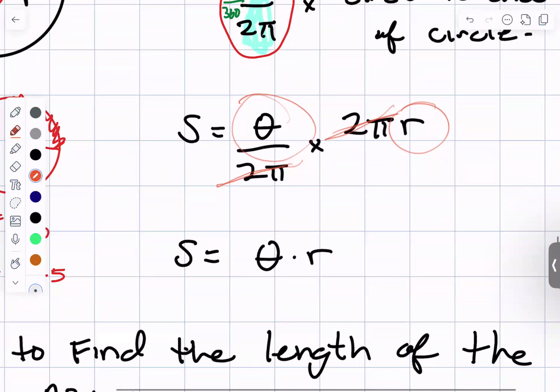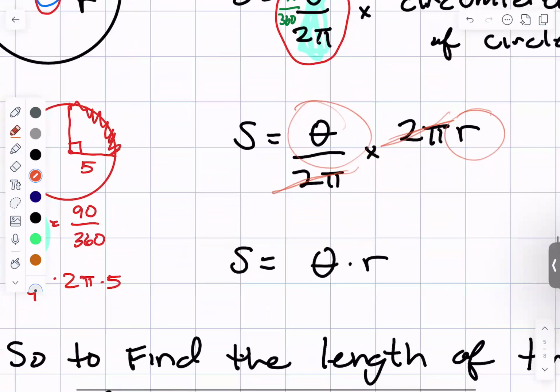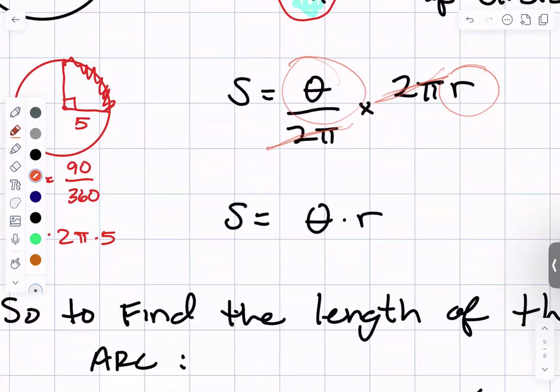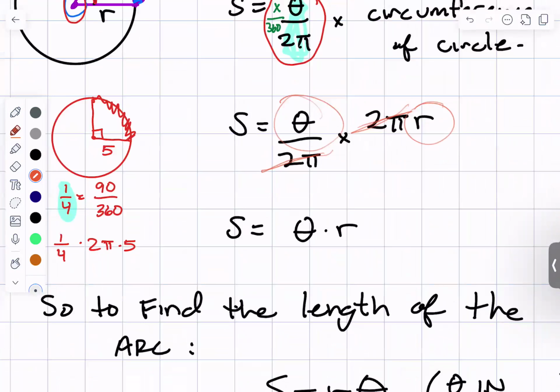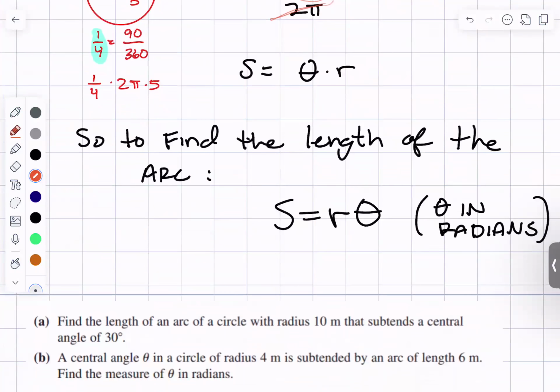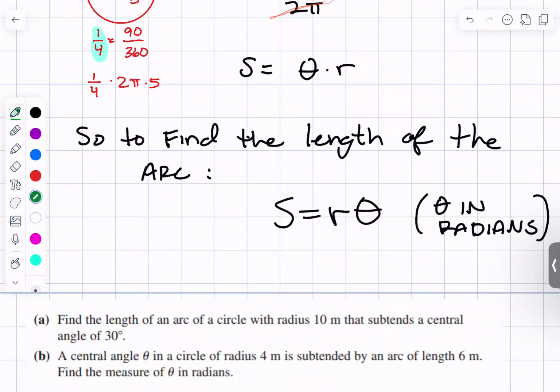Right? So that little slice right there, S, the crust, is going to equal theta times your radius. So to find the length of the arc, S is going to equal r times theta, and your theta is in radians. Or if you wanted to leave it in terms of degrees, S is going to equal x degrees over 360 times 2 pi r. Okay?